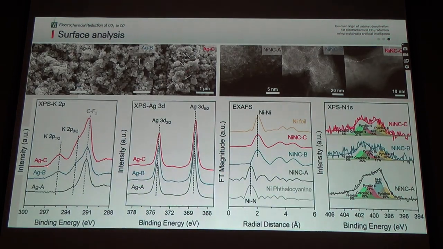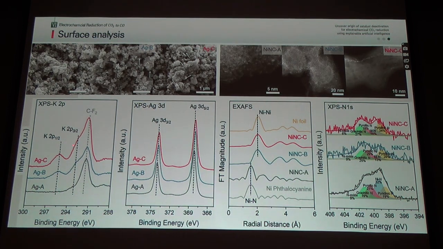So, as I said, this is the intensity and binding energy, the XPS result. As I said, in the case of the silver, we have the potassium bicarbonate. The potassium bicarbonate sticks on the surface of the silver nanoparticles, and the performance dropped.